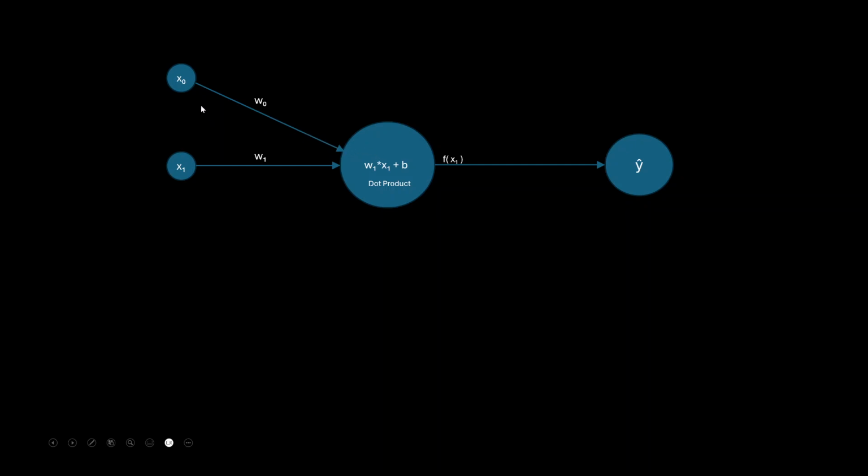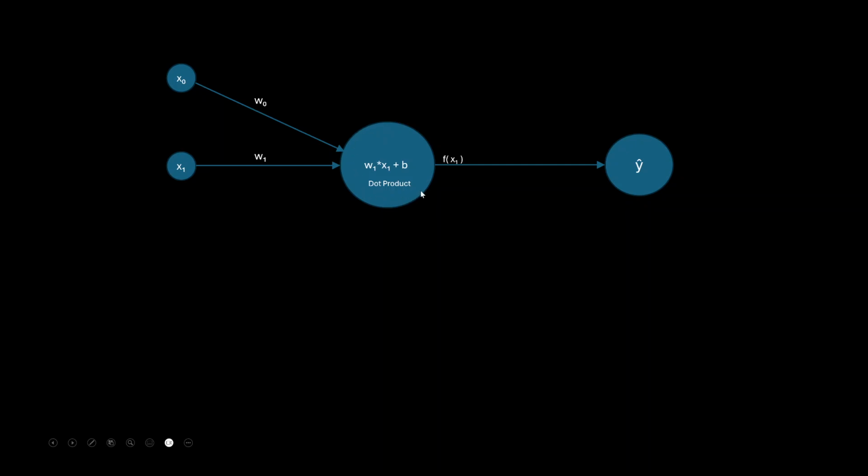The bias is nothing but x0 times w0. X0 is always 1, and w0 is the bias.